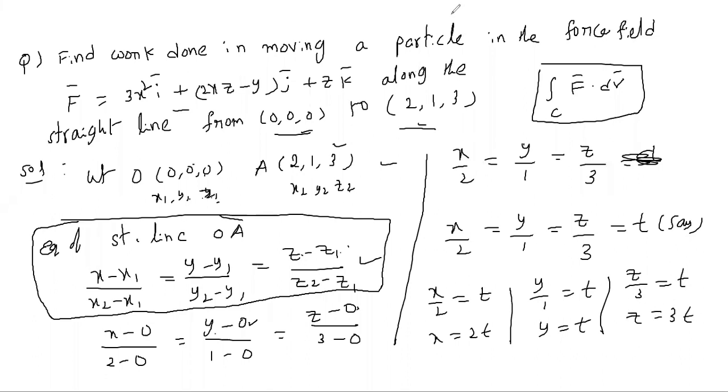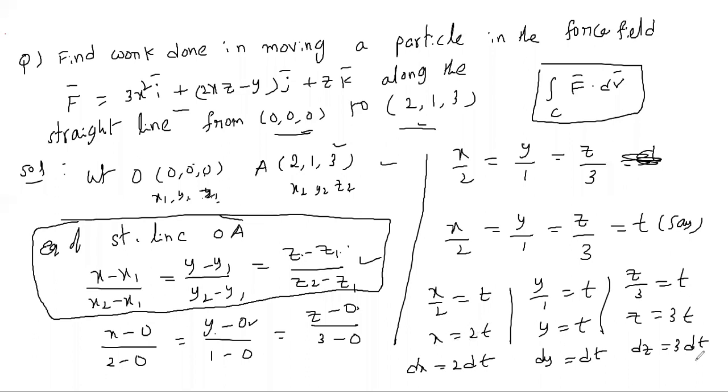Now you have to convert the problem in terms of t. So x is equal to 2t, dx equal to 2 dt. y equal to t, dy equal to dt. z equal to 3t, dz equal to 3 dt. We have calculated these values.